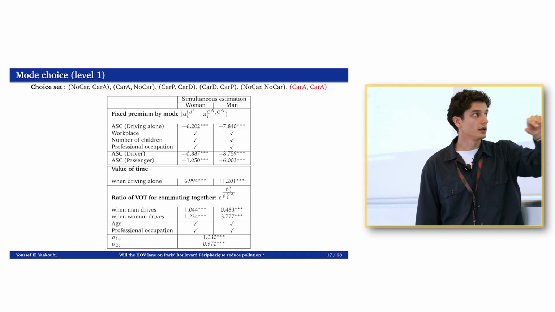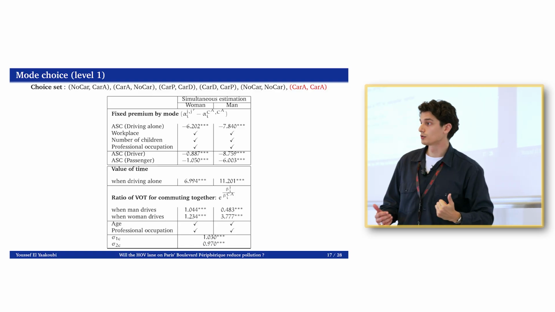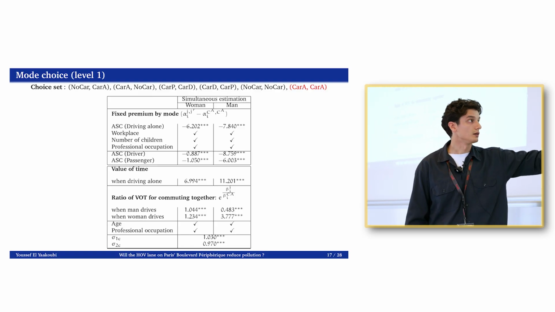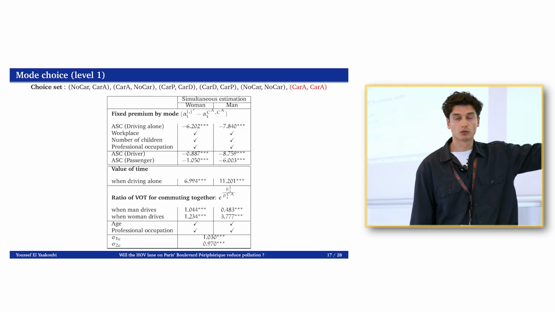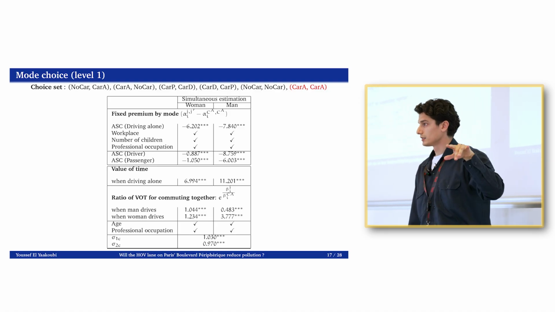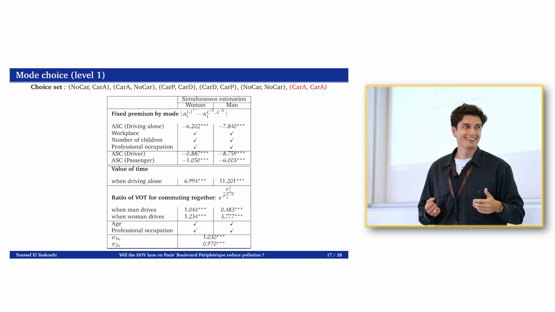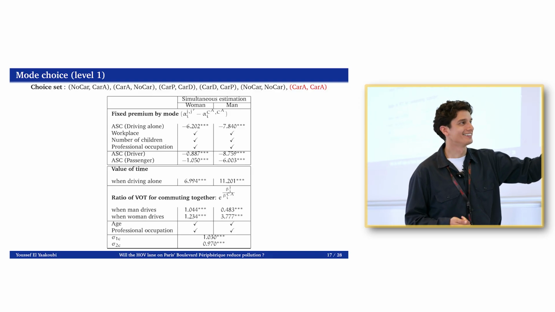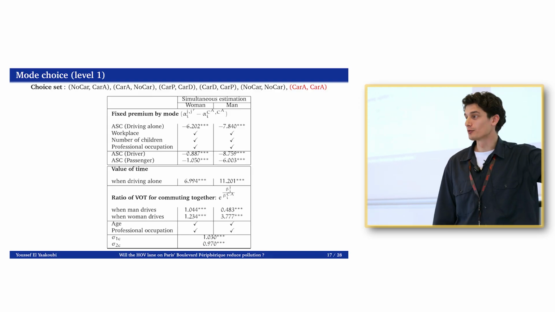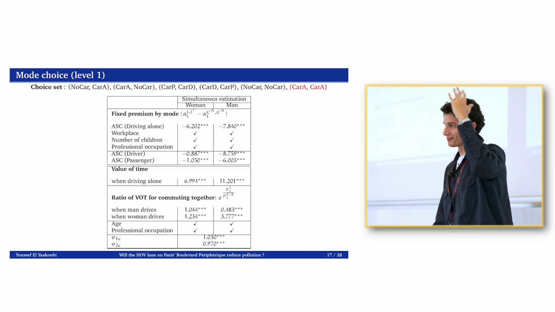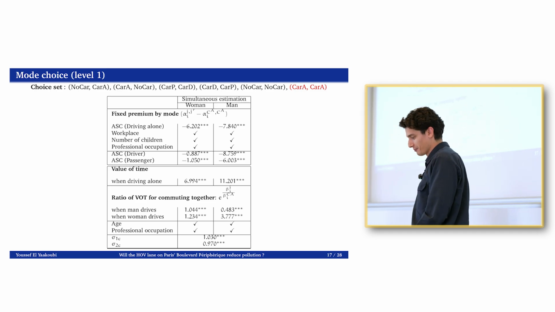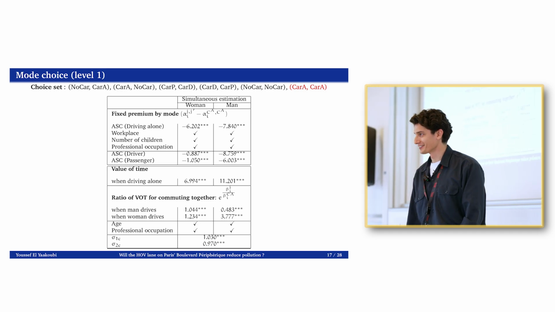And when the man drives, his value of time is decreasing by half. But when the woman drives, both perceived values of time are increasing. The value of time of the woman is increasing by 20%, and the value of time of the man is multiplied by almost 4.